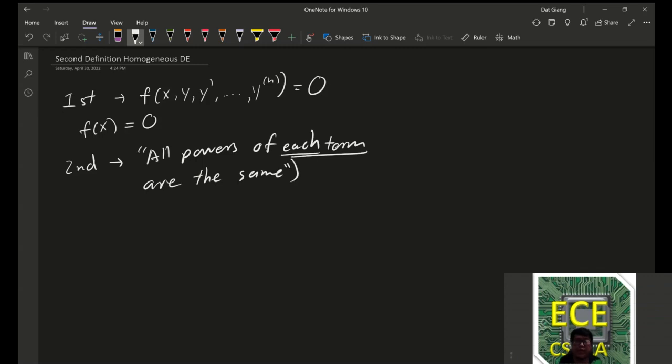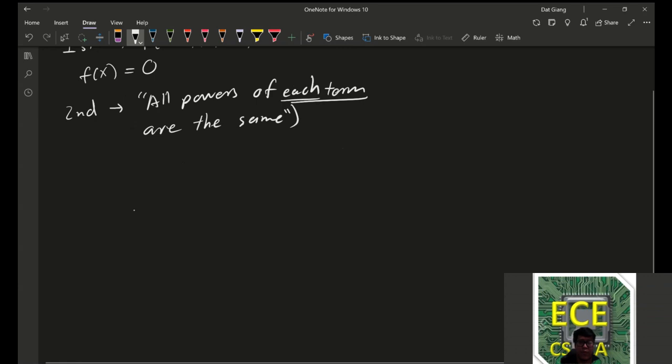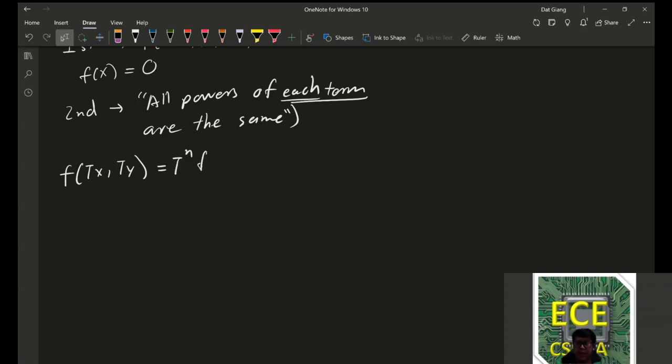Now, this is characterized by the following relation. F of tx, ty is equal to t to the n f of x, y. So we can factor out a common power and show that it is in fact satisfying this condition.